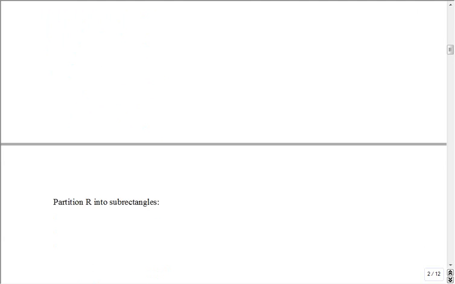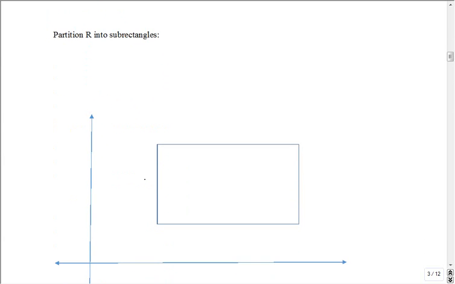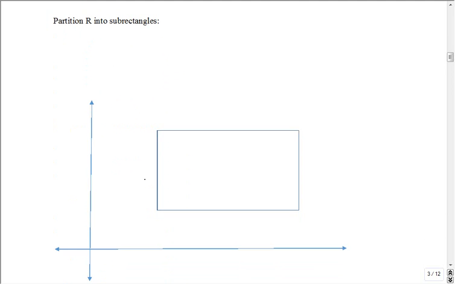So let's go down a little bit. I'm going to partition this, your R here, and this is your x, your y axis and 0 origin. I am going to partition it into sub-rectangles, like this. I'm not going to draw all of them, just a little picture.